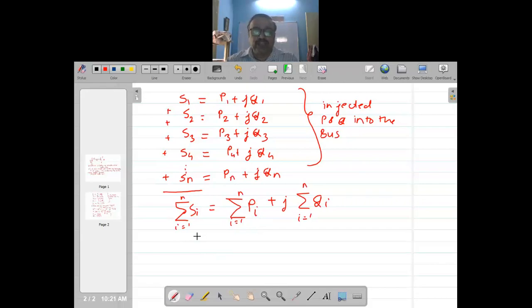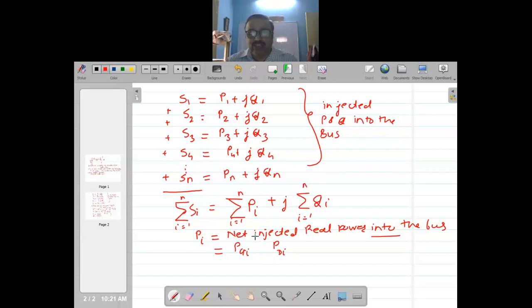But each Pi I can write as net injected real power going into the bus. So I know Pi. Let us assume that Pgi is the generated power and Pdi is the load on that bus.